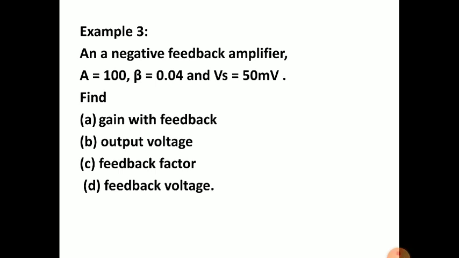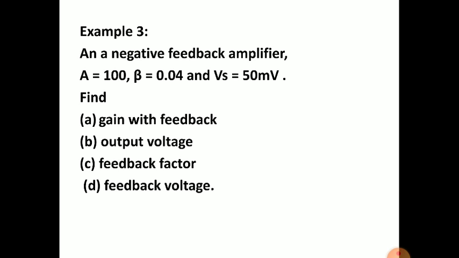Now next level of question. A negative feedback amplifier with A, beta and Vs values is given. Calculate the factors, that is gain with feedback AF, output voltage V output, feedback factor beta, and feedback voltage. So this is next level. Please read the question again.